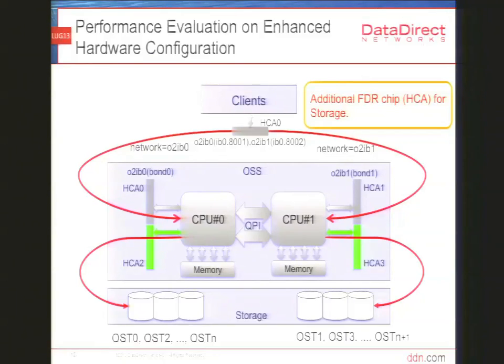So finally we use four HCAs: two HCAs for the two Lustre networks, and two HCAs for the storage network. There is no other configuration change on the server hardware side or the software side.